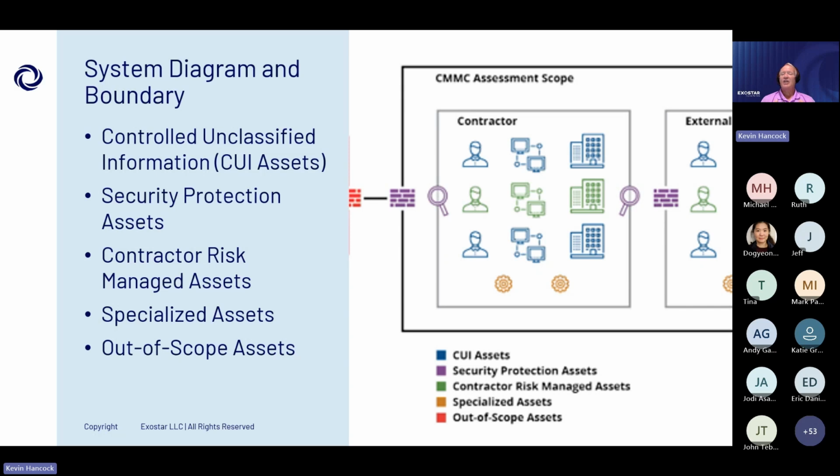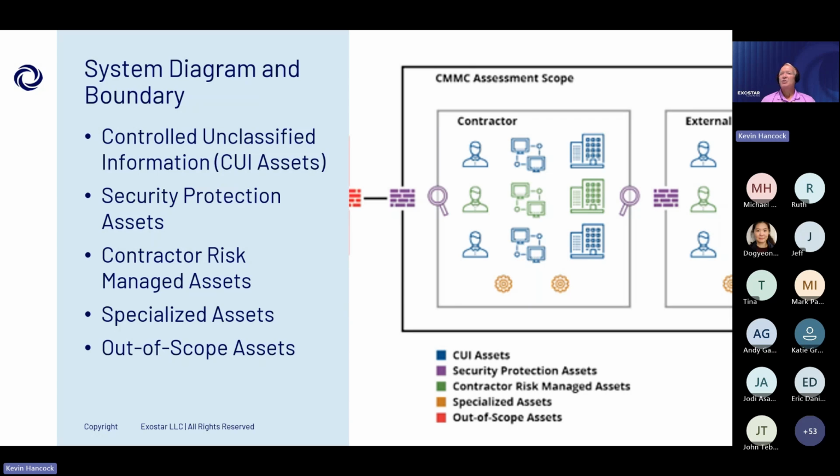And as part of that creation, you're going to need to be able to define, okay, where do I store, process, or transmit CUI? Those are my CUI assets. How am I protecting those assets?